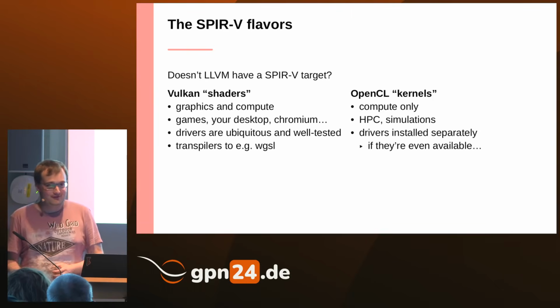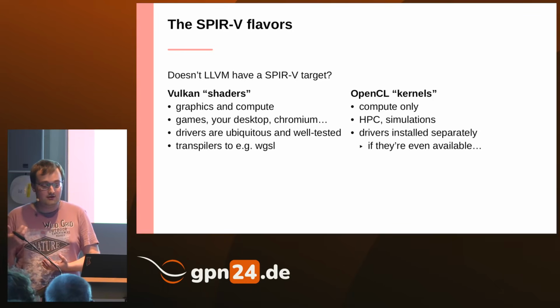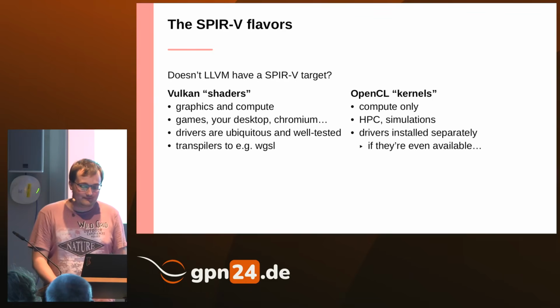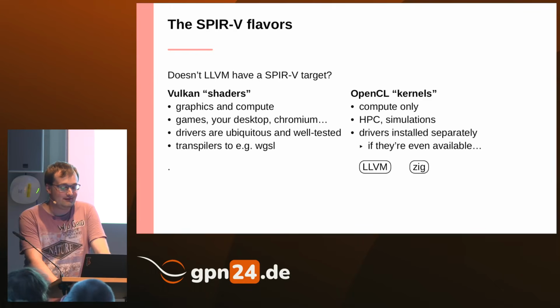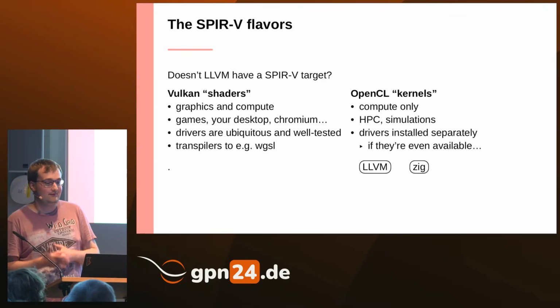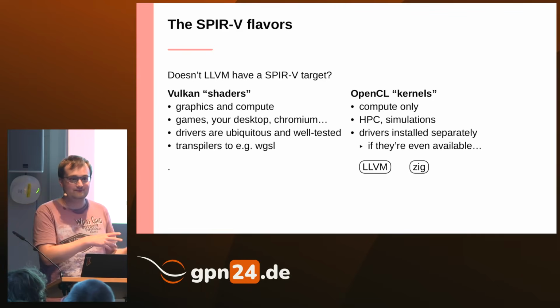And there's the other side, which is OpenCL kernels, which are for compute only. They don't support graphics at all. They're primarily built for high-performance compute simulations. You can also run that stuff on Vulkan, whatever. You also need to install the driver separately, and need to figure out how to even install that, which can be a lot of fun. So LLVM and Zig as well do target SPIR-V, but they target the OpenCL kernel variant.